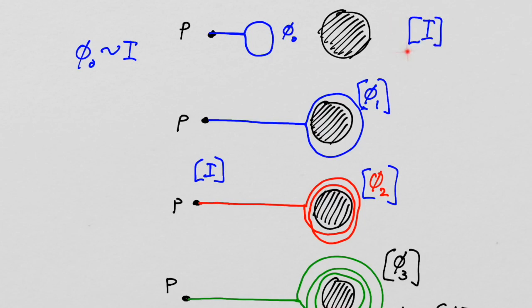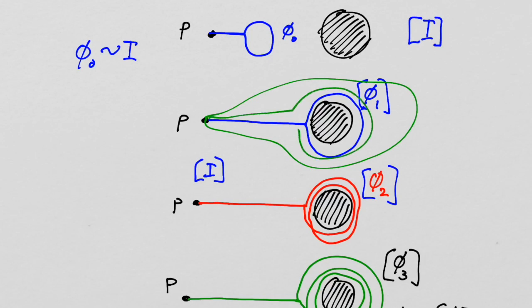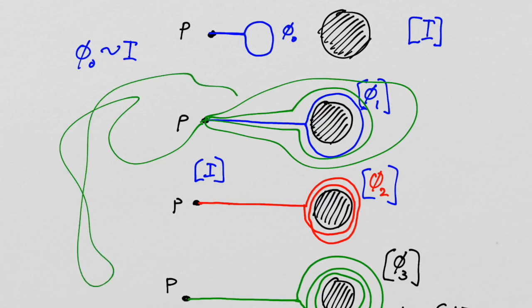So this equivalence class is very well defined. Now the next equivalence class is represented by this loop. It goes out to the annulus, goes around the annulus once, and then comes back. That equivalence class is also a set of all the loops that can be homotopically blended into this loop, like those two green ones there, or even some loop that goes wild out here but goes around once.